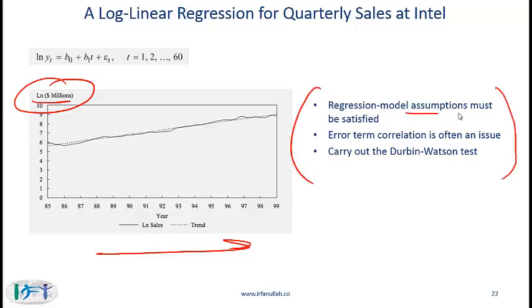The regression model assumptions must be satisfied. Earlier, the serial correlation issue existed, so we have to do something to get rid of that issue. Error term correlation is often an issue when we do time series, so just know that. And you can carry out the Durbin-Watson test to figure out whether serial correlation is an issue or not.